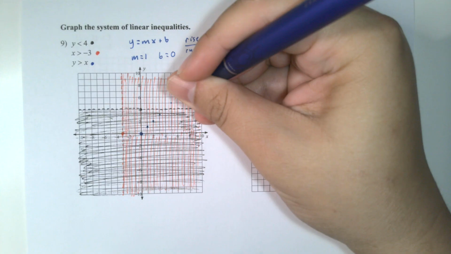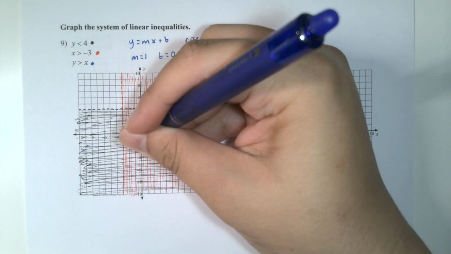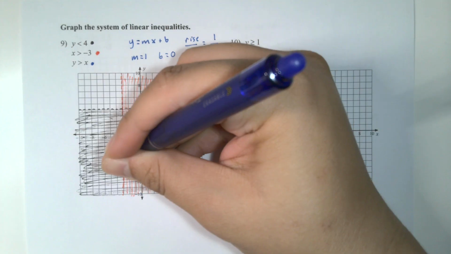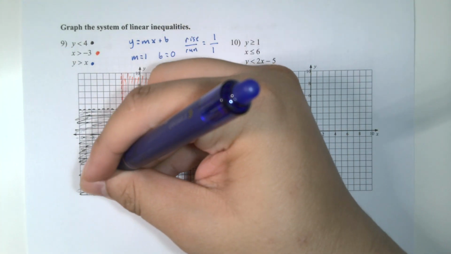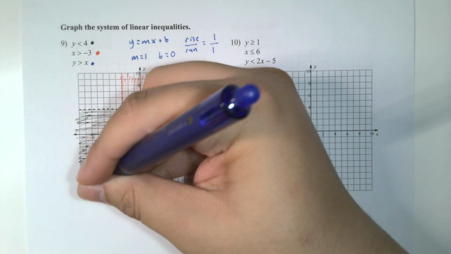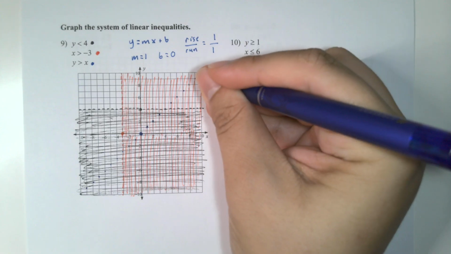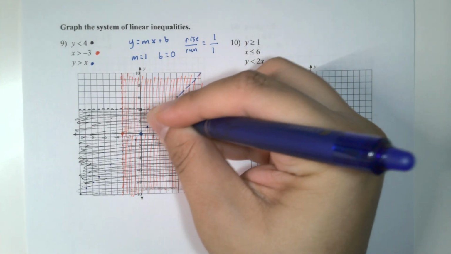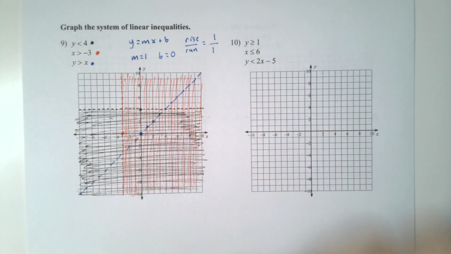It's difficult to see over the shading that I've already done, but over 1, up 1, over 1, up 1 is basically going to look like that. And it's going to be a dotted line like that.